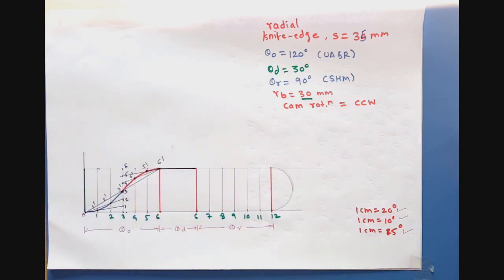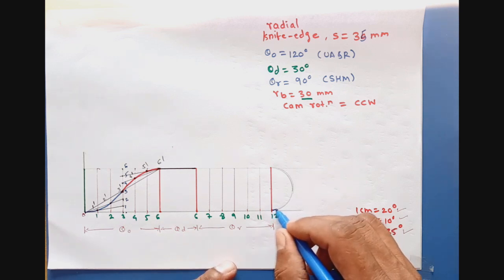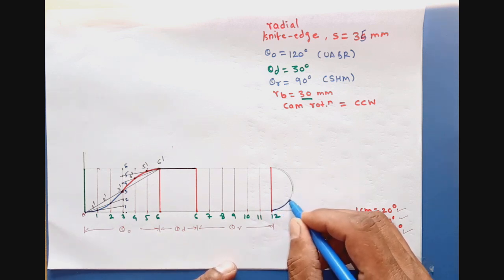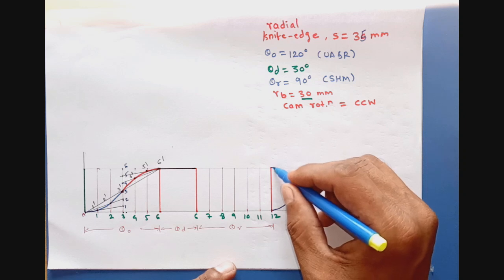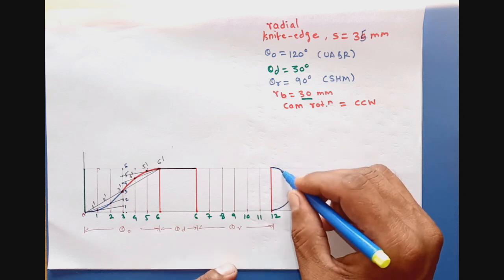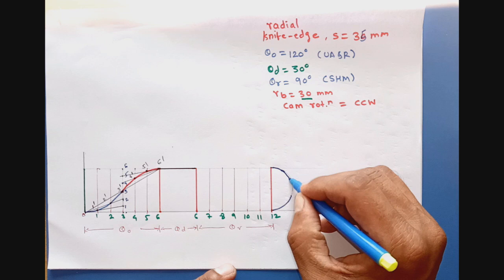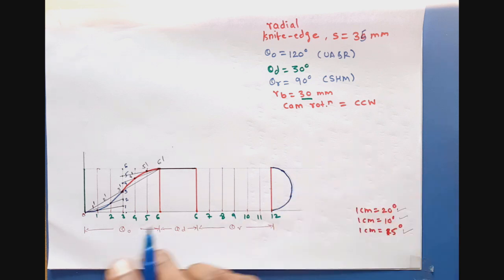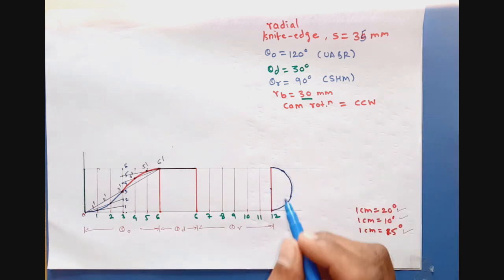Okay, so this is my semi-harmonic circle, having diameter equals to stroke, this is the center of circle.